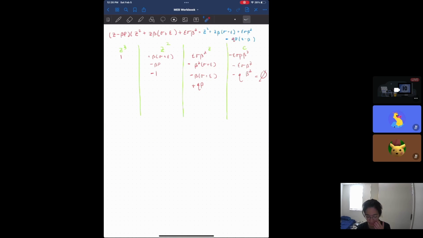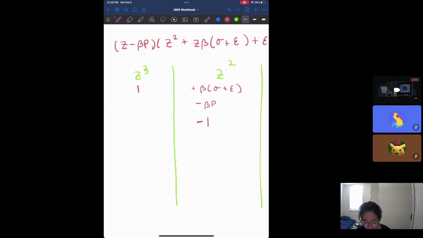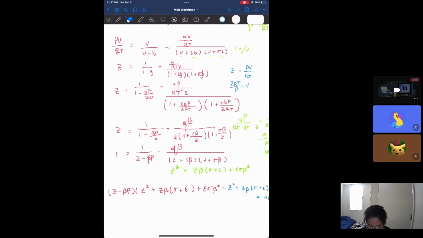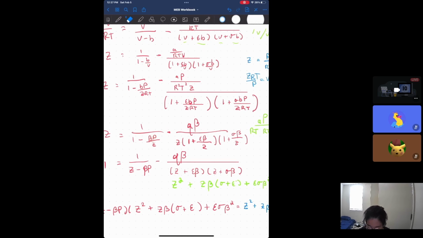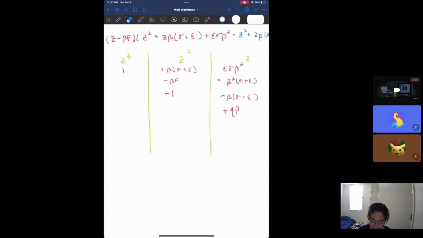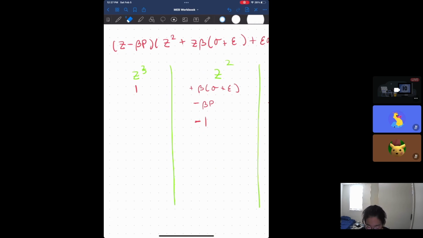And another critical mistake is I had failed to see that by replacing this expression with beta, this P should not be here. This P is part of beta. Okay? So, moving forward to the cubic polynomial expression, this P should not be here.